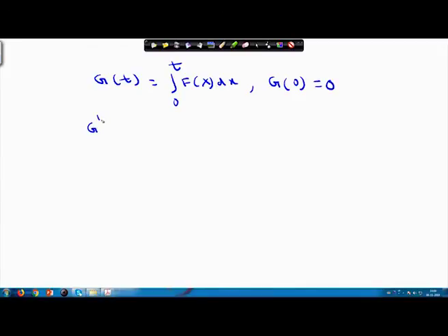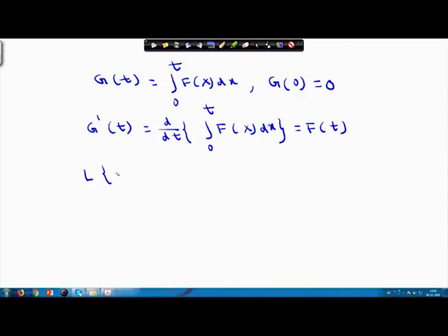Now, what is your g'(t)? Your g'(t) is nothing but d/dt of g(t), and d/dt of g(t) is this one, the integral from 0 to t of f(x) dx. So, it will be some function of t ultimately, because it is from 0 to t.